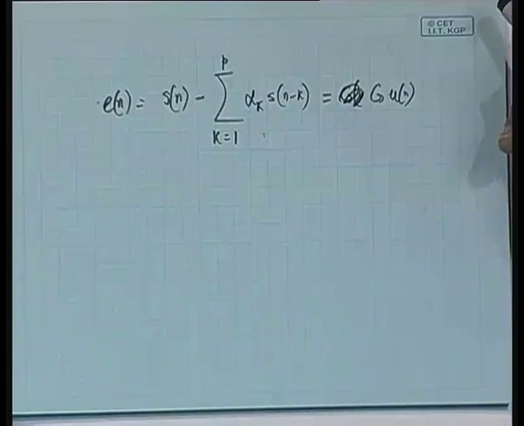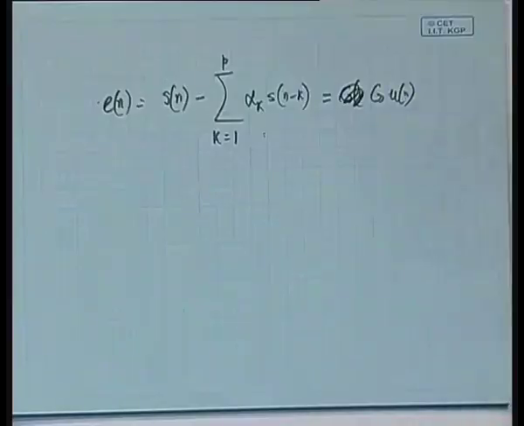In the speech synthesis model, which we are going to discuss very shortly, you will find that we need an excitation to be given to the vocal tract model, and as this excitation we can feed this error signal E of n.